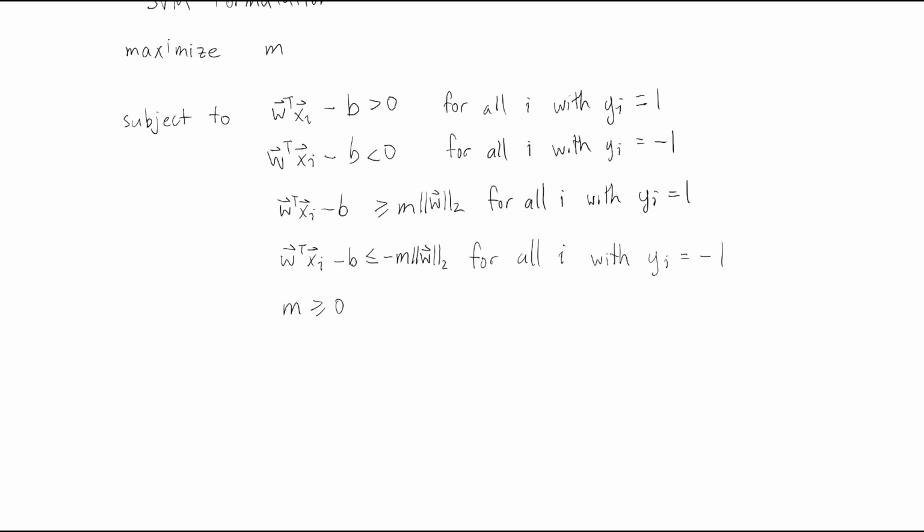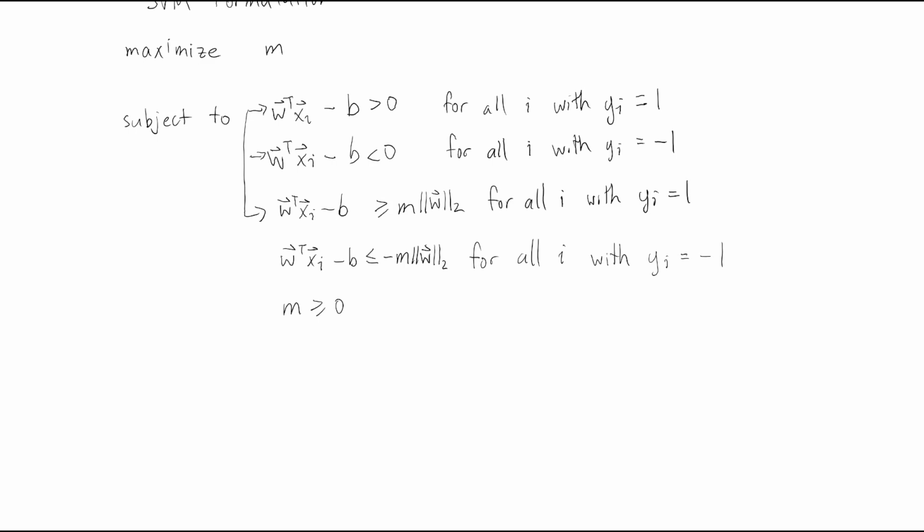Okay, let's continue. So next, we can compare this line with this line, and you can see that they're really saying the same thing. Well, one of them is saying left-hand side must be positive. The other one is saying, well, it should be greater than or equal to something that is non-negative, right? So assuming that W is not 0, then these two statements are saying the same thing.